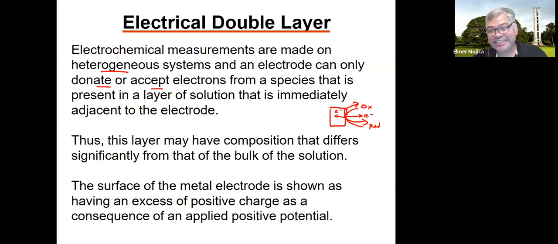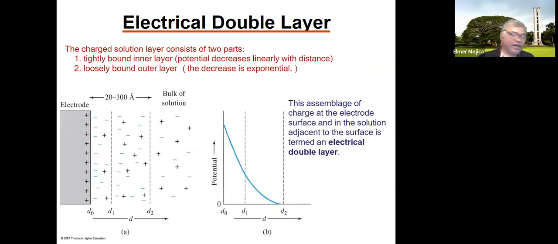So you can generate the positive charge if you apply what we call a positive potential. The interaction that is happening there is between the electrode and the solution surface. What happens usually here, if you have the charged solution, is that these layers consist of two parts.